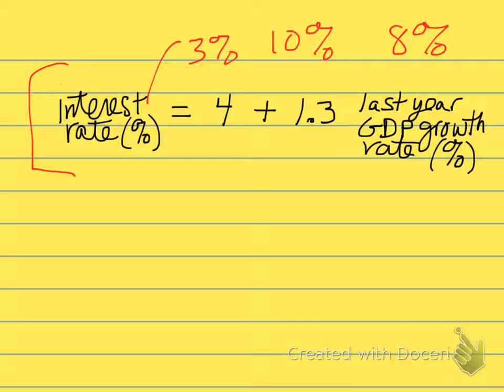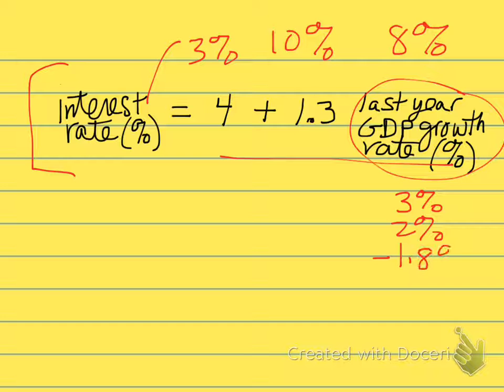We have the interest rate as the outcome variable, and we run a regression where our explanatory variable is last year's GDP growth rate. So in the US, GDP growth rate might be 3%, might be 2%, could be negative 1.8%. Again, in our data set, that would just be 1.8, 2, or 3, and we know that the units are percentage points.